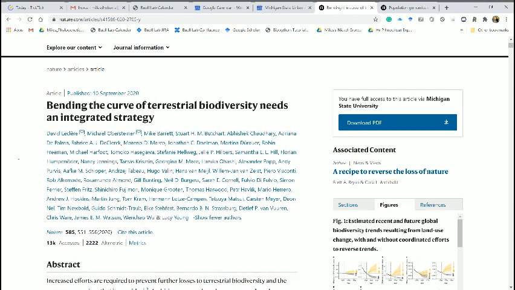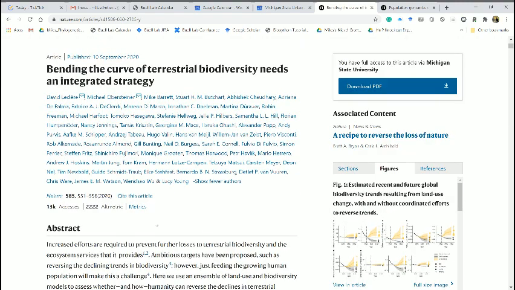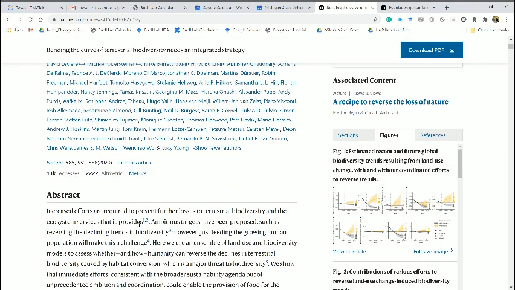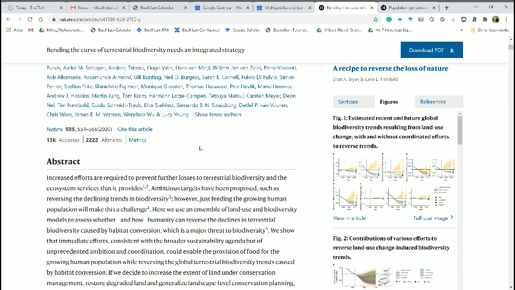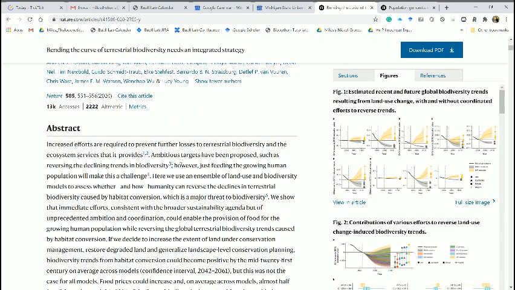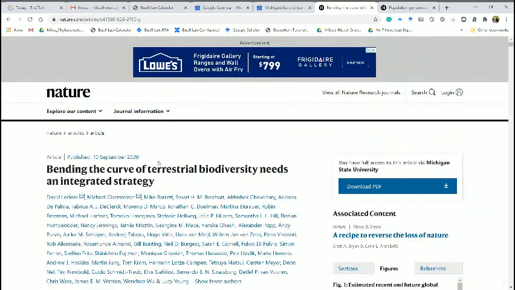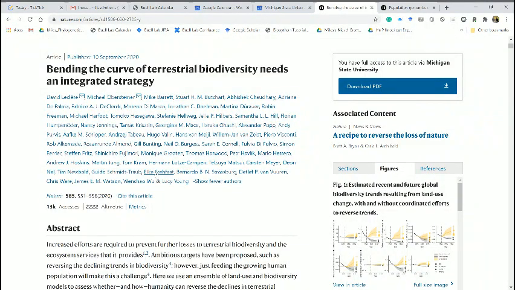These guys constructed a bunch of computational models where they tried to develop scenarios where we could feed a growing human population and reverse biodiversity loss at the same time, avoiding some of the worst effects of climate change.